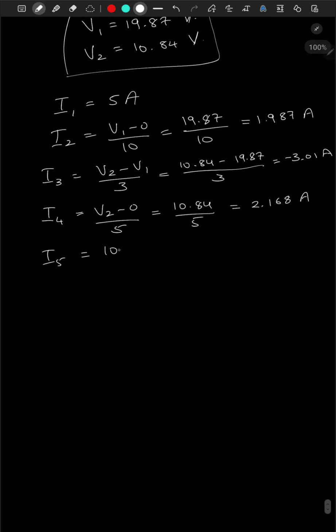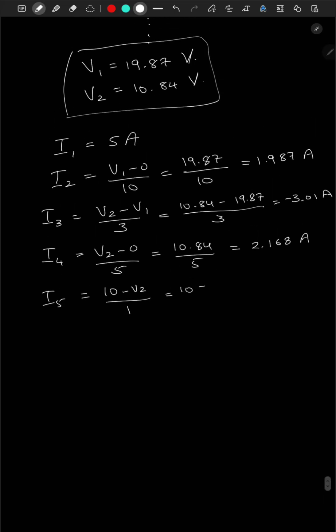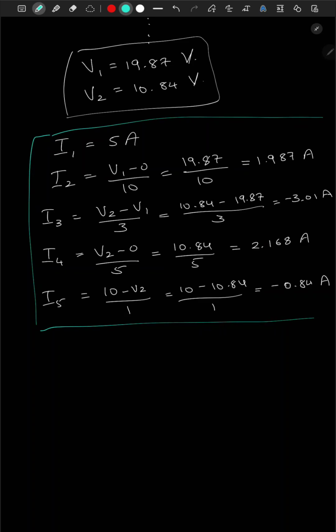So 10 minus 10.84 divided by 1, which will give you a value of minus 0.84 amps. So these are all the currents in all the branches in the circuit. So these are the answers.